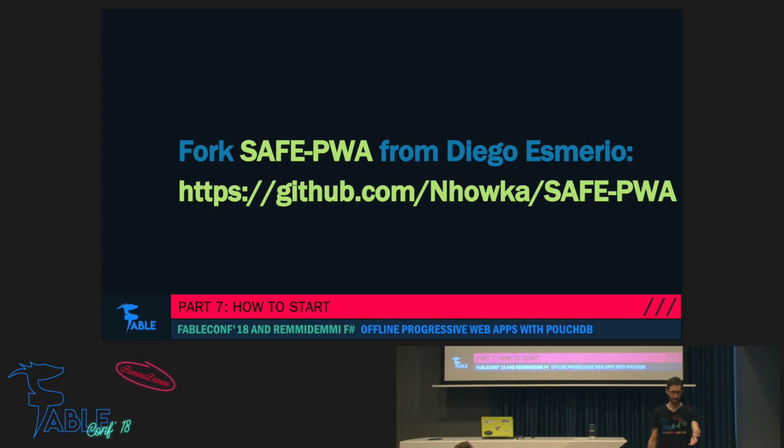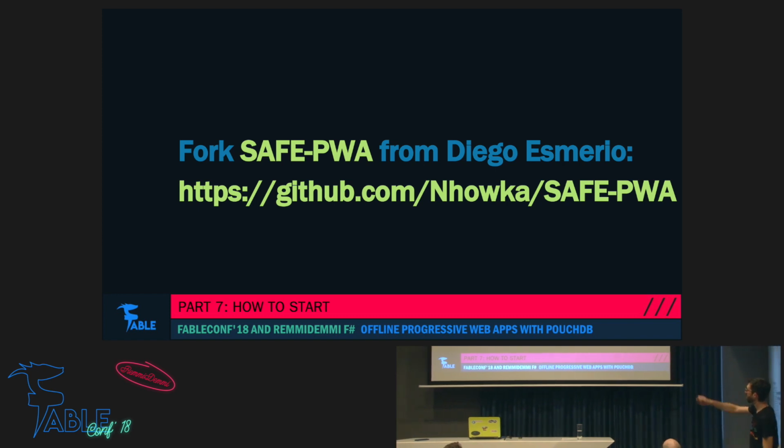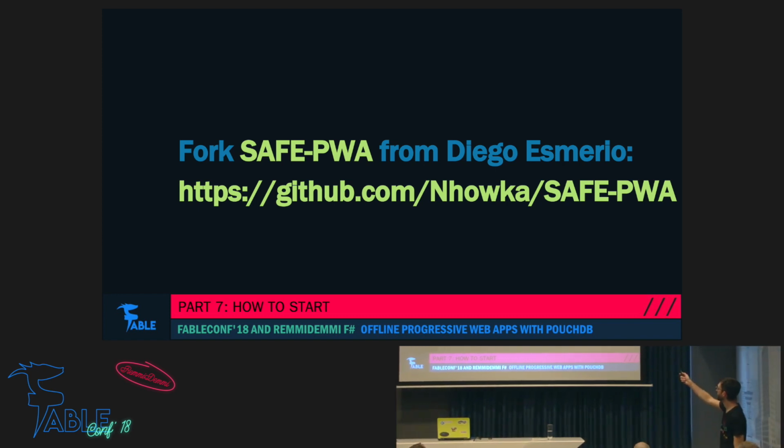So your question was, I would like to start to make a progressive web application using the SAFE stack. We got some guy, Diego Esmelio, you know Diego? He actually made a SAFE template using Fable.